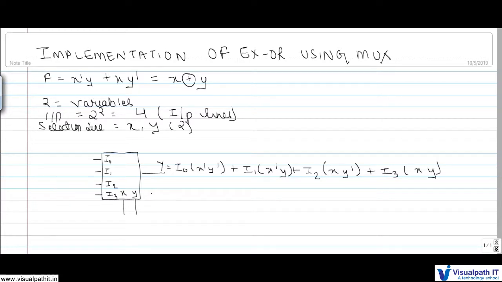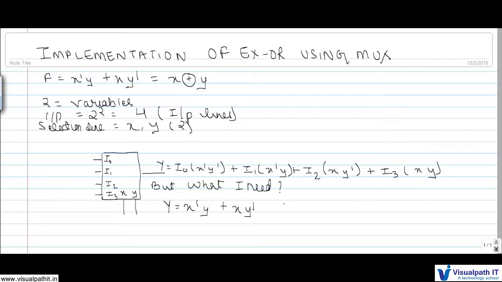But what I need is only x dash y and x y dash at the output, right?